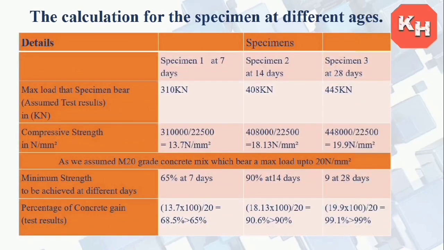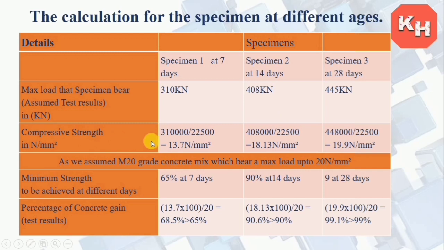As we can see the details of the specimens. Specimen maximum load that the specimen bears, assume test results in kilonewton. Specimen 1 at 7 days, specimen 2 at 14 days, and specimen 3 at 28 days. The maximum load that the specimens bear is 310 kilonewton at 7 days, 408 kilonewton at 14 days, and 445 kilonewton at 28 days.